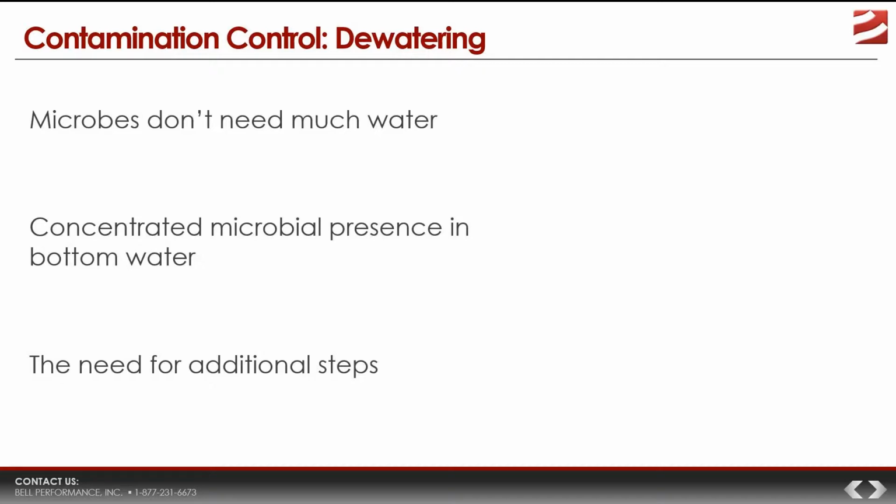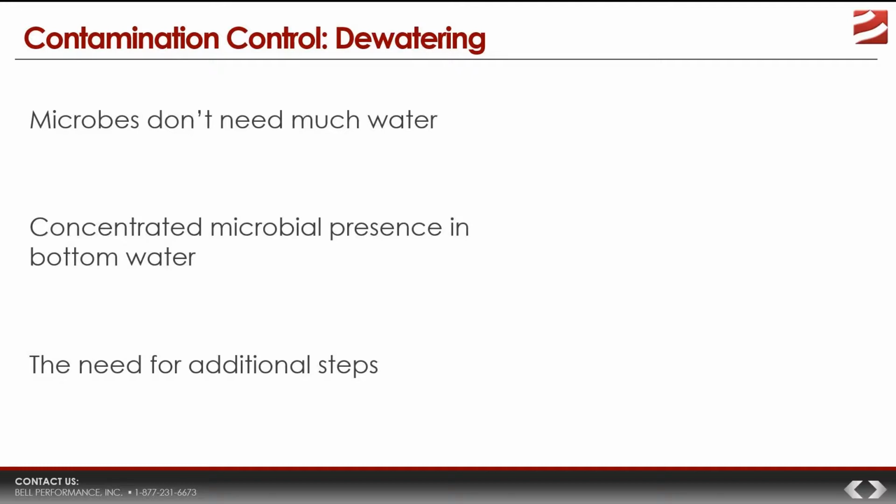Now, remember, we said that bottom water can have 100 million to 1 billion microbes per milliliter. So 2 gallons of water, let's do the math, that's like 7,500 milliliters. That basically means those 2 gallons of water, that 1/8 of an inch, is enough water to support 8.5 trillion microbes.